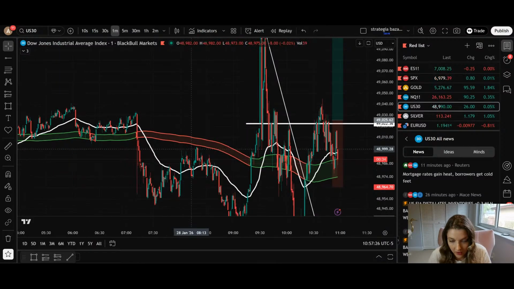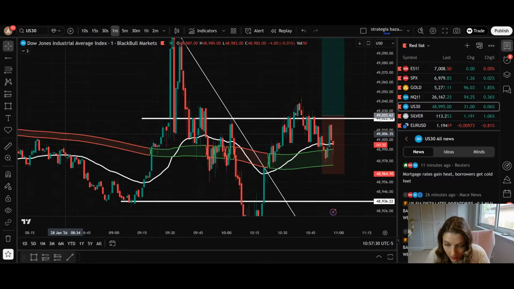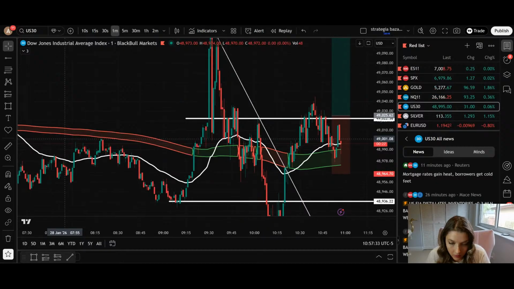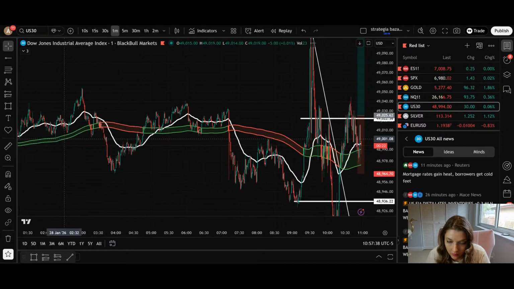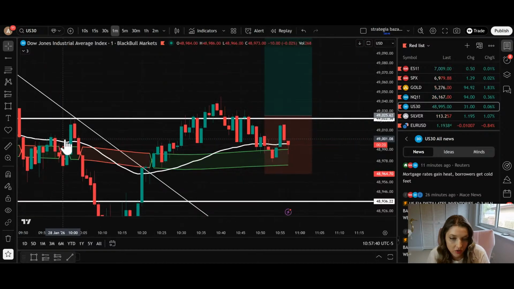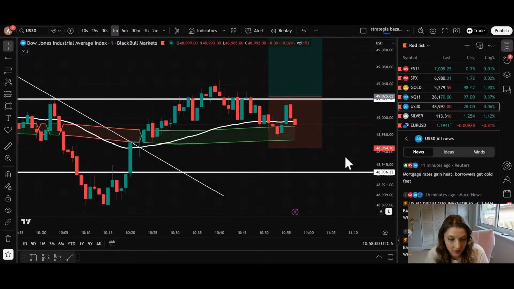Because I guess you have this level here. But you don't wait for any confirmation. You just see the price touching that level and go in. Or do you wait for something to confirm that?